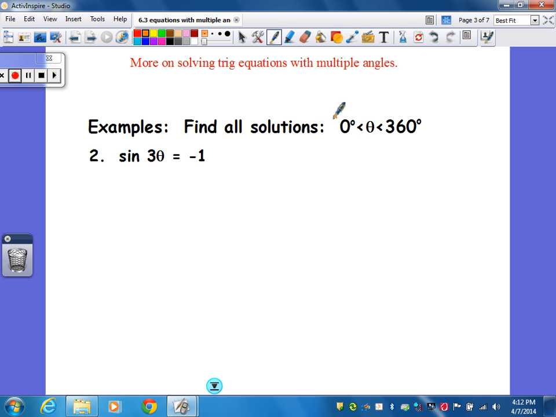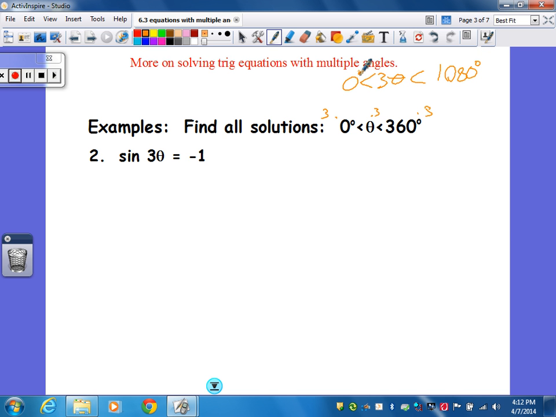So we're going to multiply each one by 3. We're looking from 0 to less than 3 theta less than 360 times 3, which is 1080 degrees.